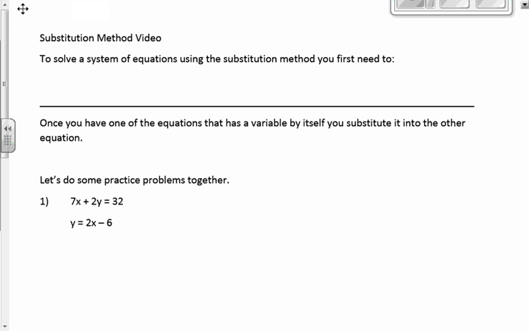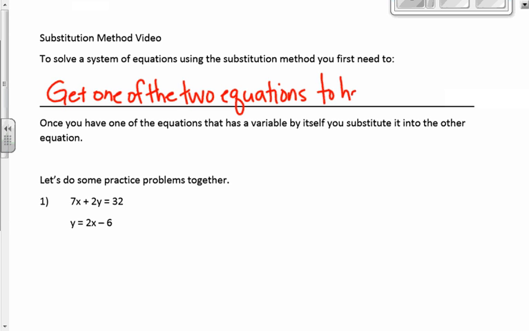So to solve a system of equations using the substitution method, you first need to get one of the two equations, it does not have to be both of them, to have the variable by itself.